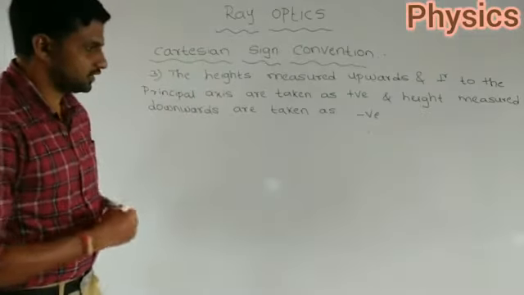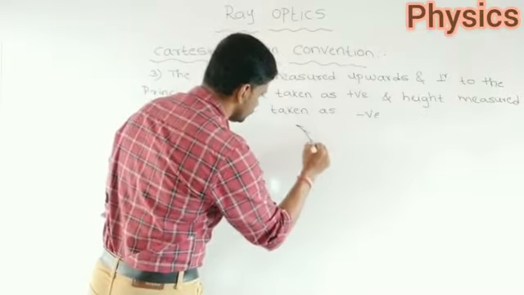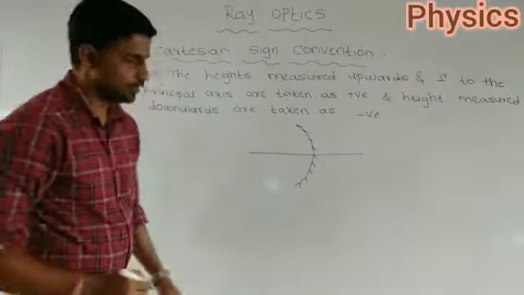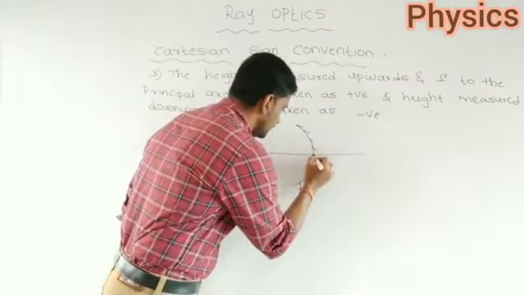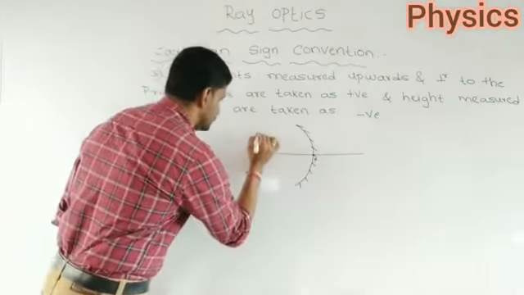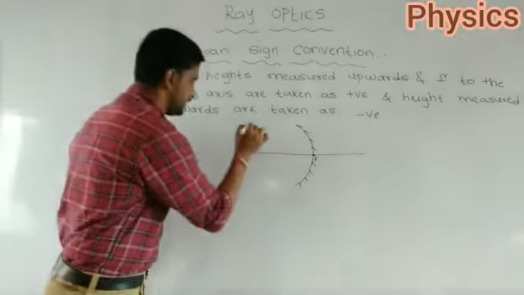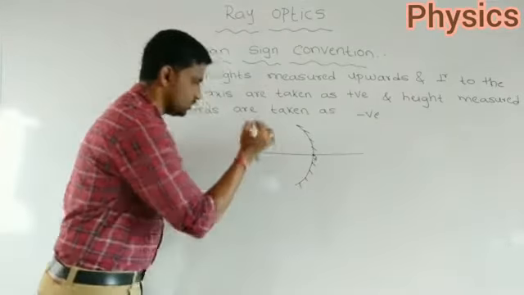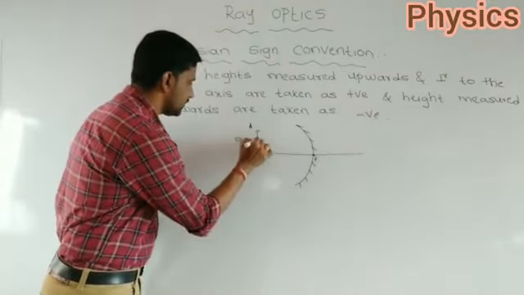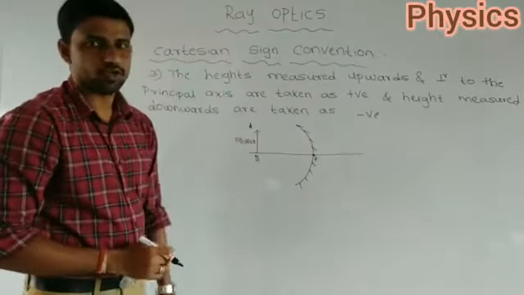So what is the meaning of that? Here I am going to take one concave mirror. This is a concave mirror, and I am considering one principal axis. This is the pole of the concave mirror. Now I am taking one object. Assume this is an object and it is named AB. The light rays coming from this object will hit the reflecting surface of the concave mirror.